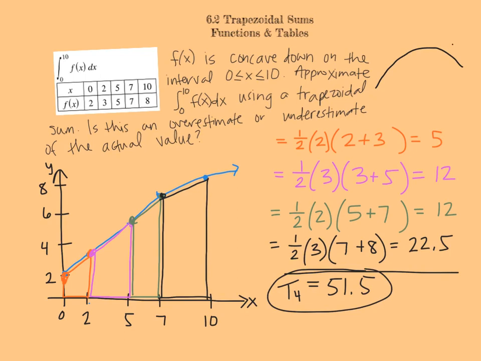And if we were to make trapezoids under that, note how the trapezoids are not going to quite reach the actual area. There's still a tiny little piece of excess that they're not quite covering. And so when we're concave down, the trapezoidal sum is going to provide us an underestimate of the actual area.